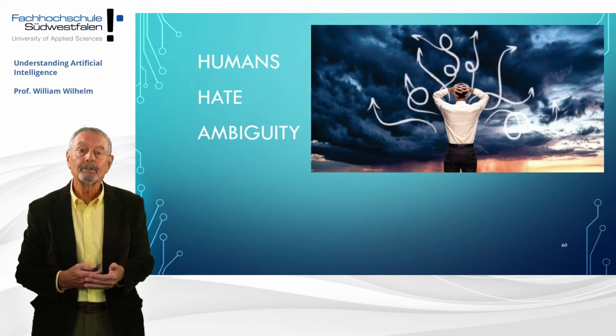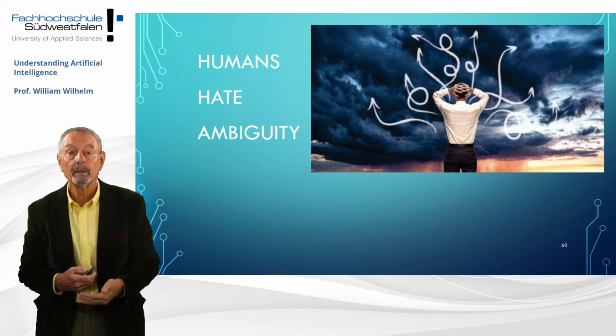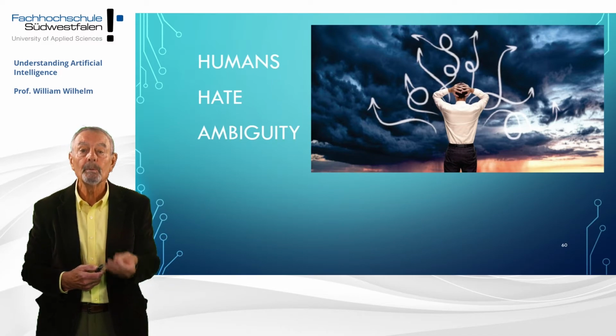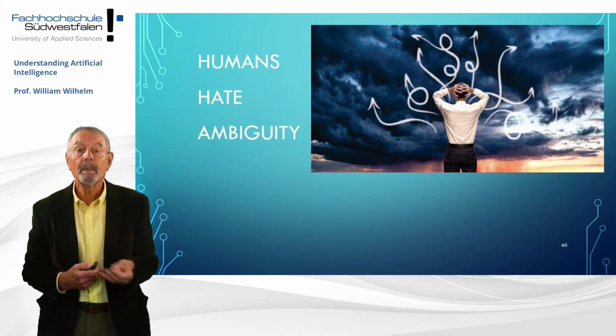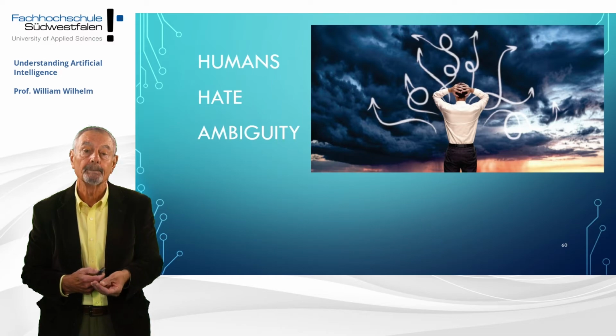Well, the fact is, humans by nature are uncomfortable with ambiguity and the unknown. In the absence of knowable facts in ambiguous situations, humans will fill in the blanks and make up their own narratives to explain unexplained phenomena.